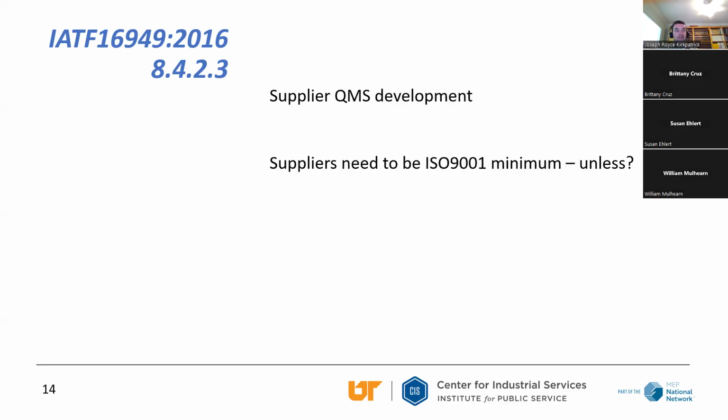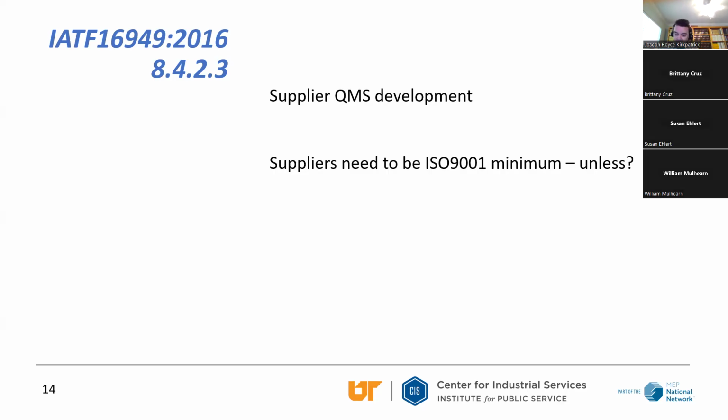Supplier development. Suppliers need to be 9001 minimum unless the customer approves it. For IATF, yes, you get your suppliers. It used to say that they had to be compliant, but they scratched that out with a sanctioned interpretation. And now it says that suppliers must be ISO 9001.